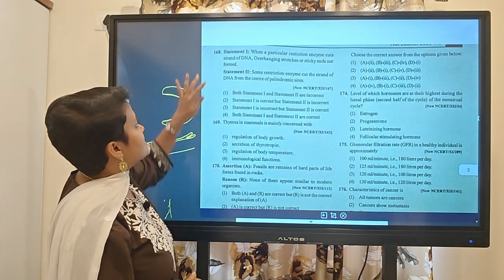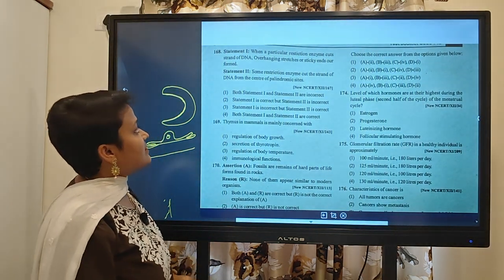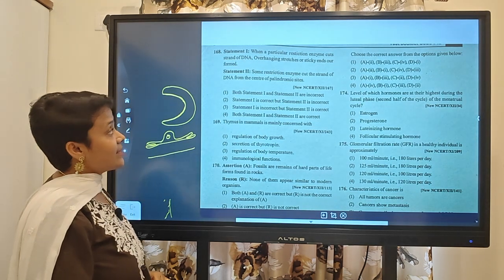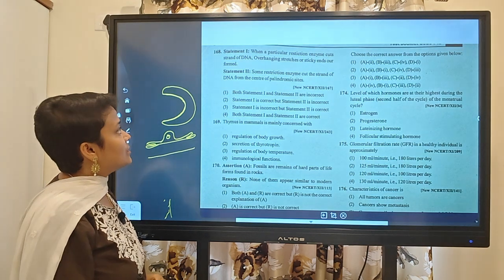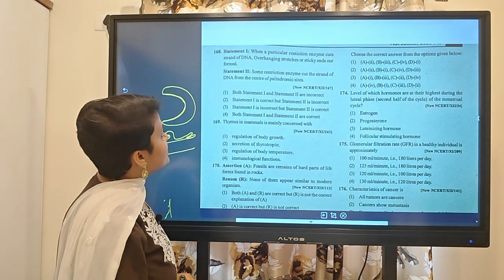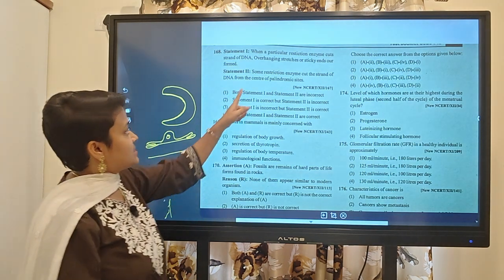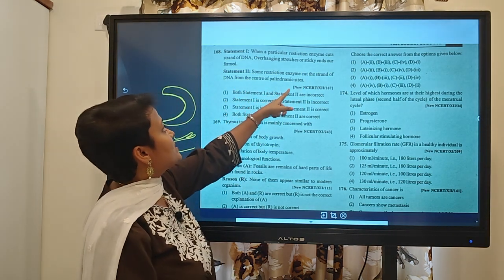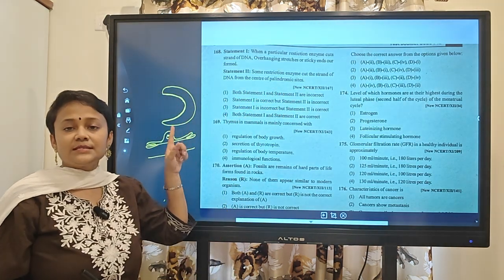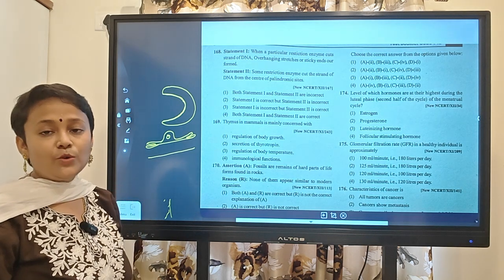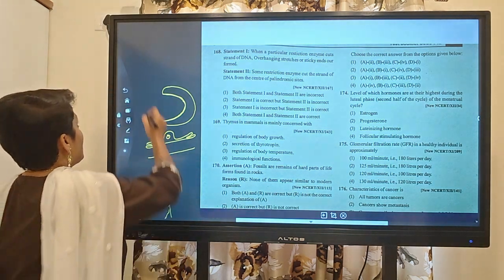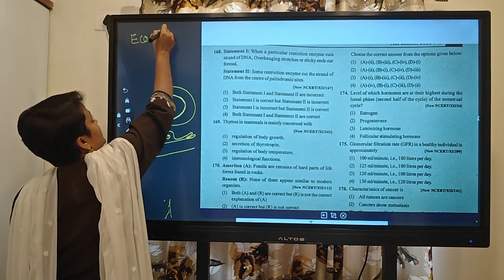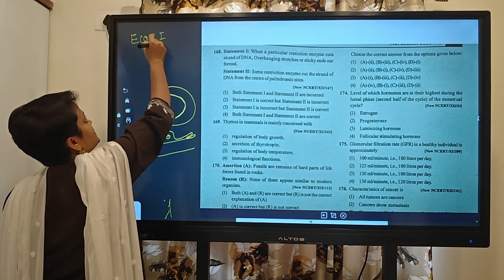Okay, coming to 168. When a particular restriction enzyme cuts a strand of DNA, overhanging stretches or sticky ends are formed. Some restriction enzymes cut the strand of DNA from the center of palindromic sites. Both the statements are correct. We know about EcoR1, right? EcoR1, what is the site?